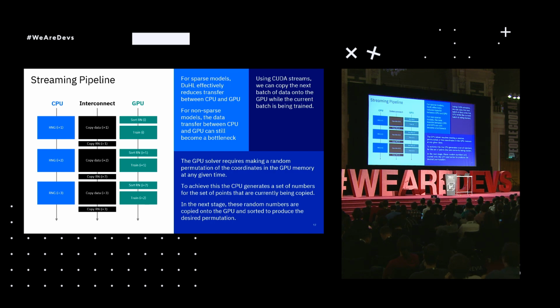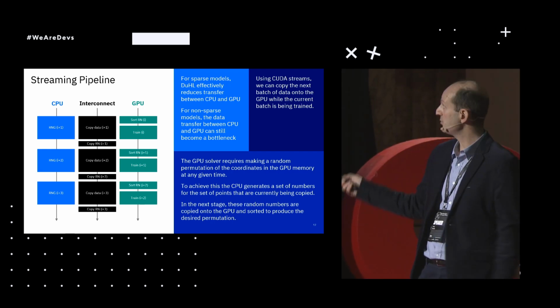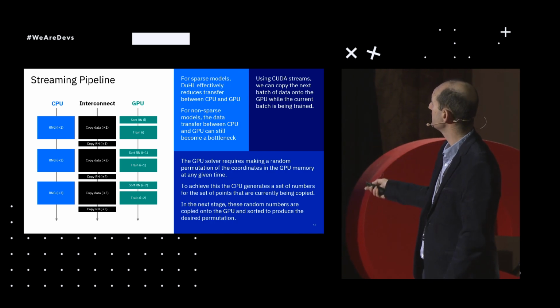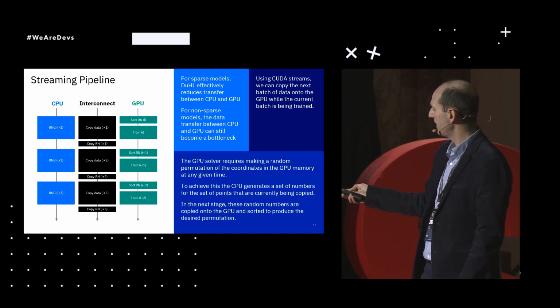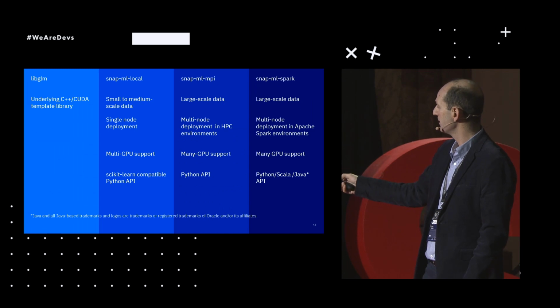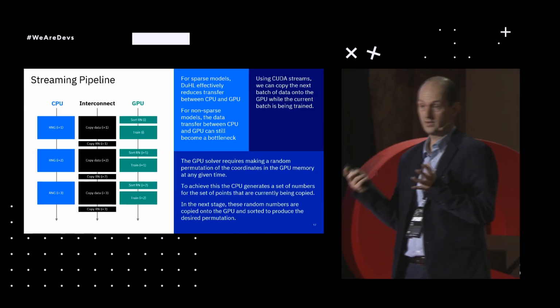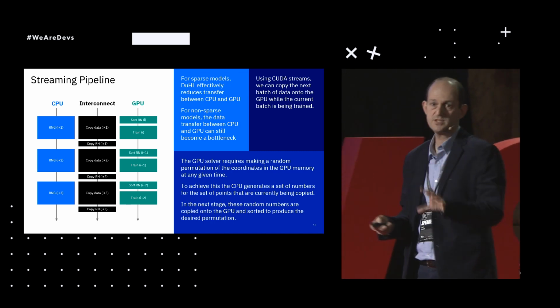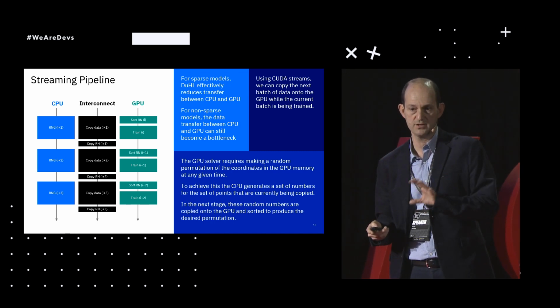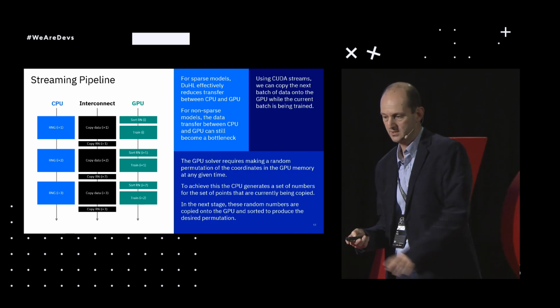So while the GPU is computing, you want to push the next batch of the data to the GPU from the CPU. And this we can do using CUDA streams. And basically, it turns out that this streaming pipeline works quite well for linear models in particular. So this is basically the architecture.